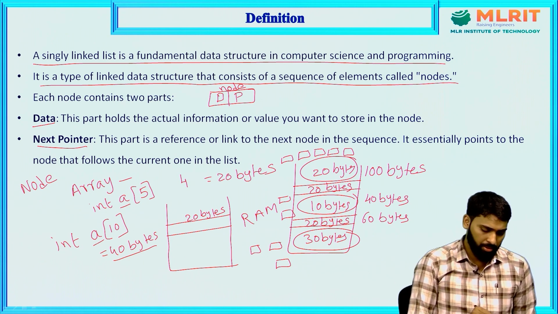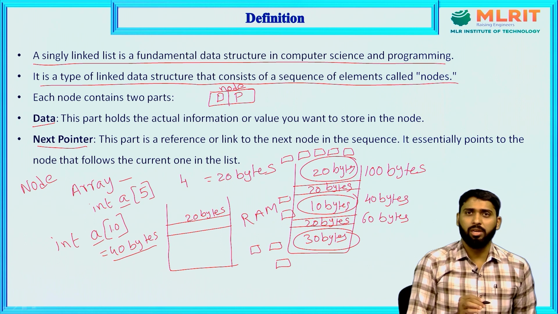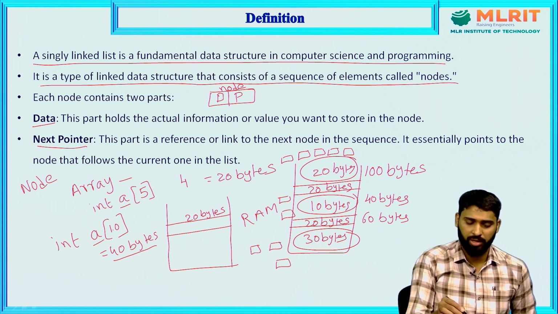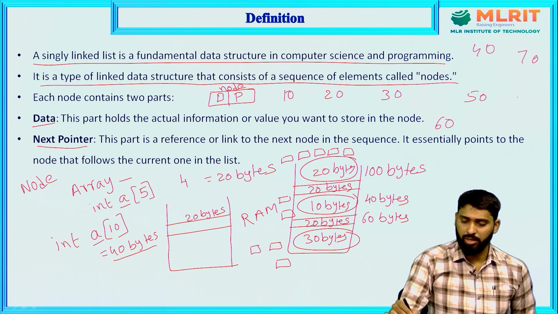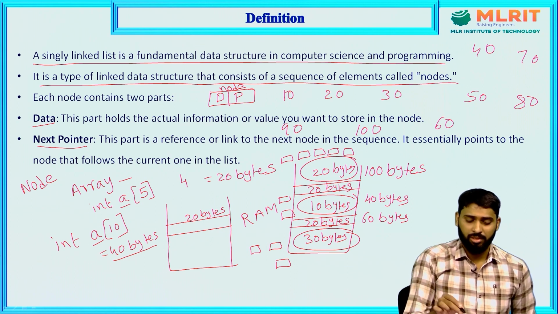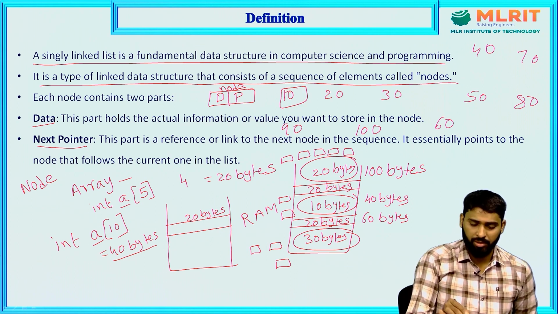For example, int a of 10, how many elements are we going to store? 10 elements. For example, 10, 20, 30, 40, 50, 60, 70, 80, 90, 100. Now, after 10, we are going to store the address of 20 here.